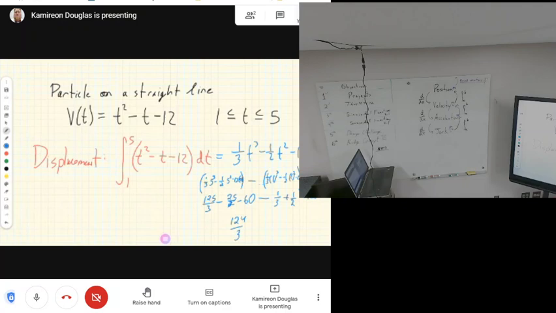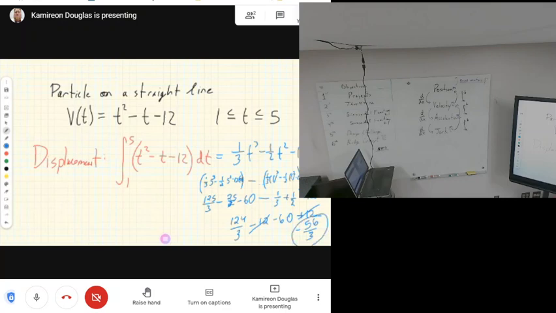Negative 25/2 plus 1/2 becomes negative 24/2, that becomes minus 12. Minus 60 plus 12, those two are going to cancel. So you end up with 124/3 minus 60. That becomes 180/3. 124/3 minus 180/3 becomes negative 56/3.